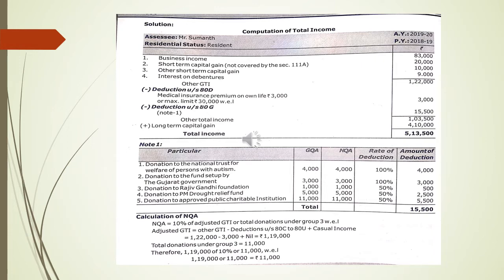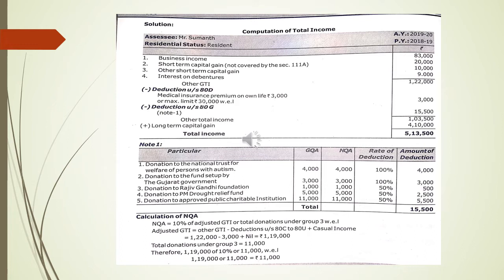His total income is adding up of business income 83,000, STCG which is not covered under 111A will be added to gross total income, so 20,000. Other short-term capital gains 10,000, interest on debentures 9,000. So gross total income comes to 1,22,000.